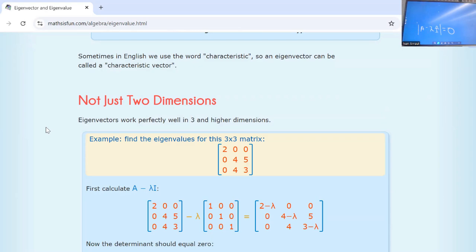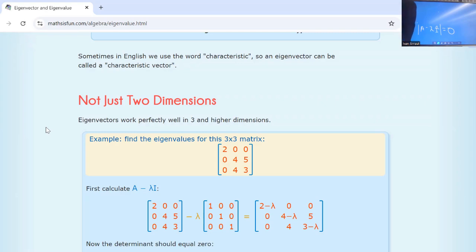So it was 2 minus lambda, the first. 0 minus 0, because lambda times 0 is 0. 0 minus 0, 0. 0 minus 0, 0. 4 minus lambda, 4 minus lambda. 5 minus 0, 5. 0 minus 0, 0. 4 minus 0, 4. 3 minus lambda, because lambda times 1 is lambda, gives you 3 minus lambda.